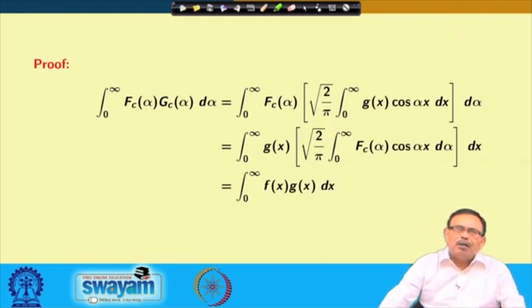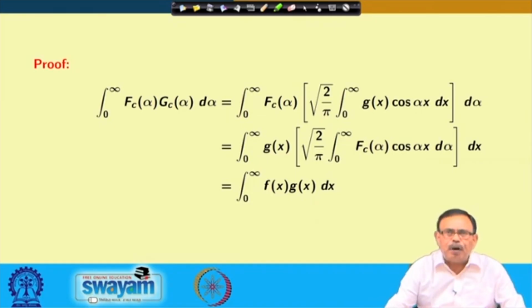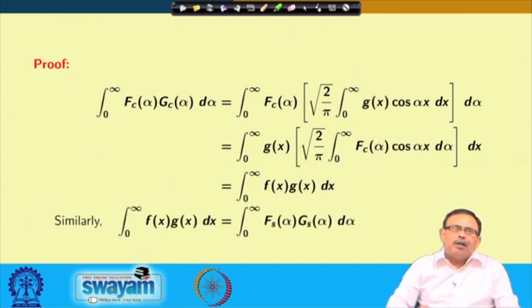Therefore, I am replacing that integral by f(x). So, it becomes 0 to infinity f(x) g(x) dx, which completes the proof of the first part. And in the same fashion, I can prove that 0 to infinity f(x) g(x) dx equals 0 to infinity F_s of alpha into G_s of alpha into d alpha.